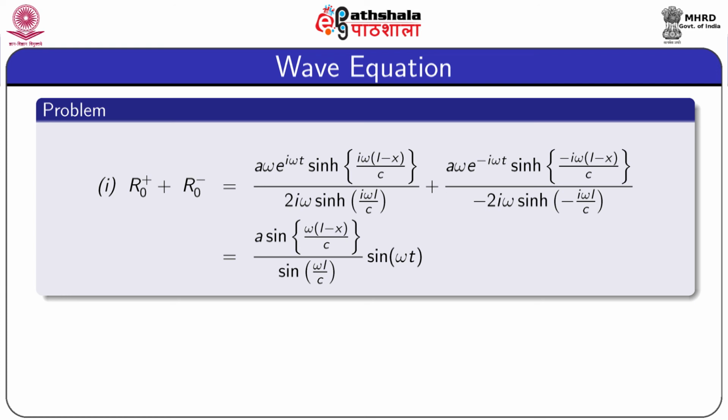After simplification, the value of R0 plus R0 minus becomes this, which you can see in the last line of this slide.